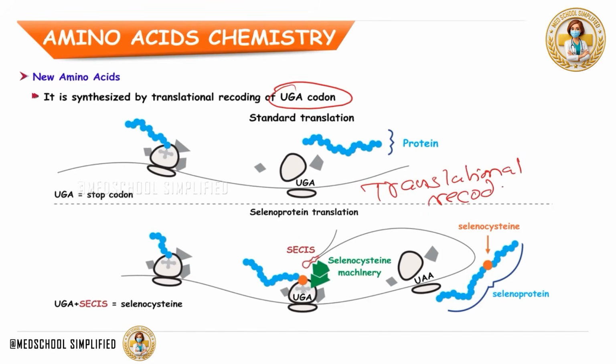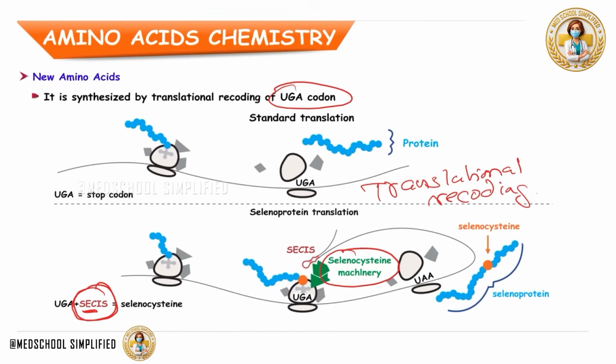What happens in this translational recoding process is, whenever UGA comes in with the selenocysteine insertion sequence, that is SECIS, appearing on the mRNA with the UGA codon, the selenocysteine machinery, basically the selenocysteine synthase enzyme, comes in.